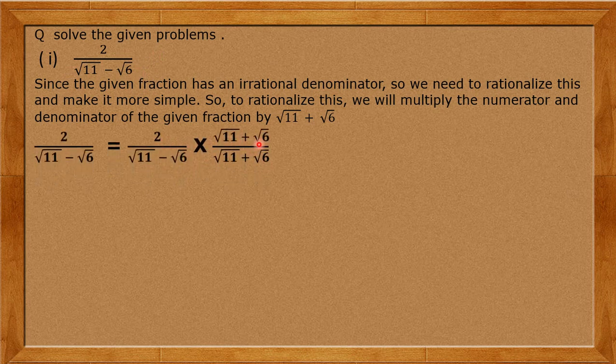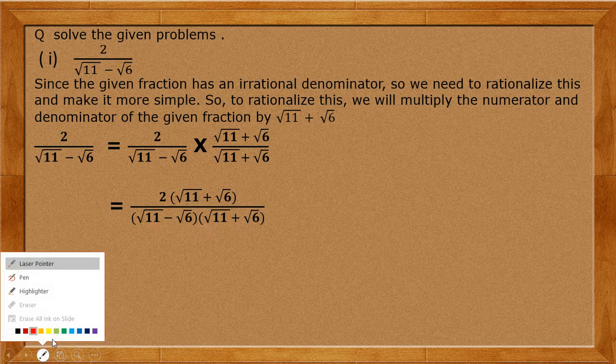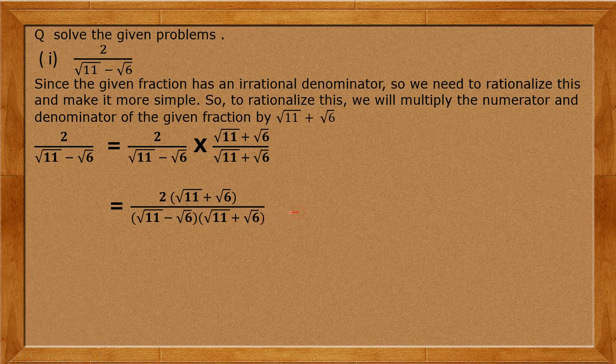Now when we multiply this, numerator will multiply with numerator and denominator will multiply with denominator. Here what we are observing is that this term is nothing but a minus b into a plus b, correct?